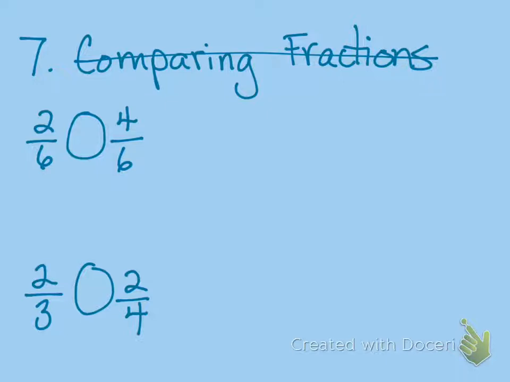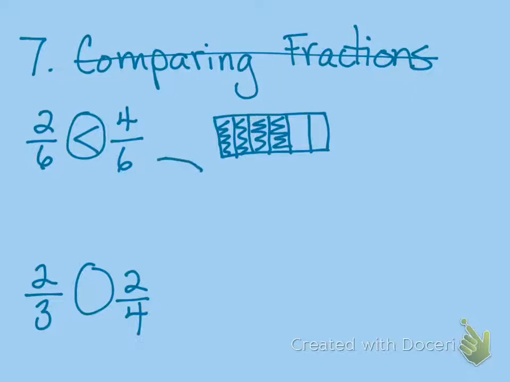Now, this is an easier type of fraction to compare. So let's just put a random shape here, and I am going to divide it into 6 sections. Obviously, if we have 2 sections and then we have 4 sections, the 4 sections is going to be bigger than the 2 sections.